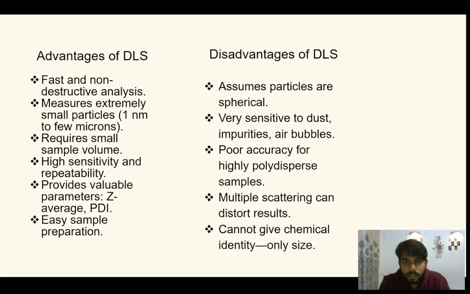The next disadvantage is that it has very poor accuracy for highly polydisperse samples. So if our sample contains particles of varying size, small, medium, very large, it is not that efficient in calculating the size of the sample. And next, multiple scattering can distort results.